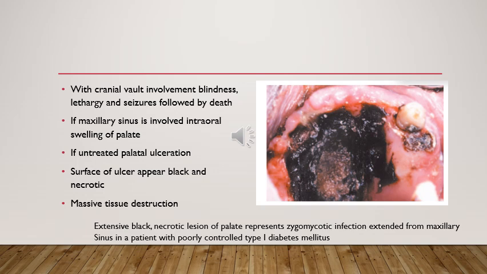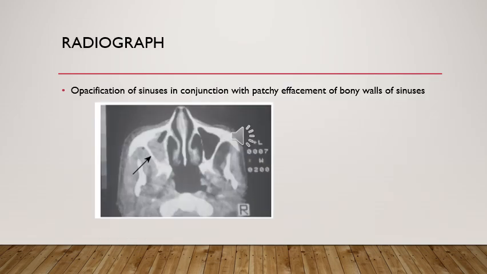Here you can see an extensive black necrotic lesion of the palate, which represents a zygomycotic infection that has probably extended from the maxillary sinus in a patient with poorly controlled type 1 diabetes mellitus. If untreated, it may lead to palatal ulceration, and the surface of the ulcer will appear black and necrotic, with massive tissue destruction.